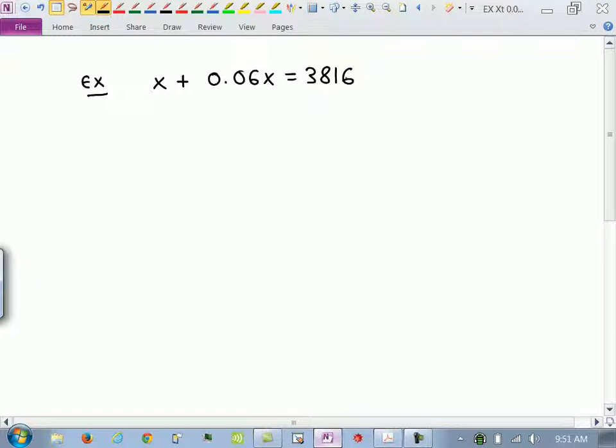But I have decimals. Actually, I only have one decimal, right? There it is. Now, how many places would I need to move that decimal in order to make it a nice number?